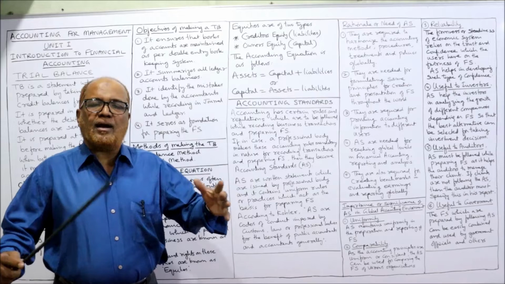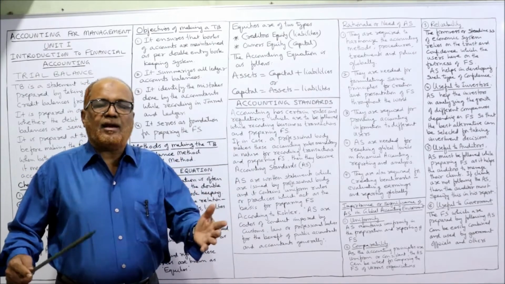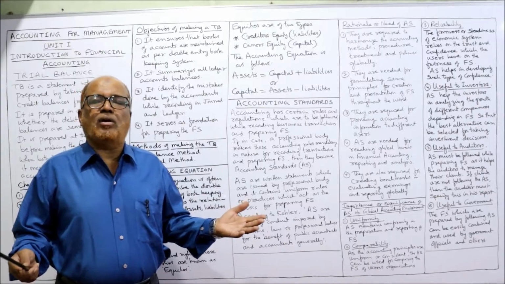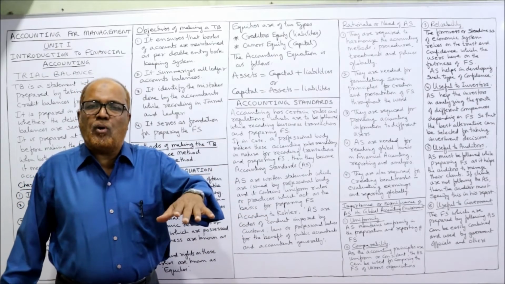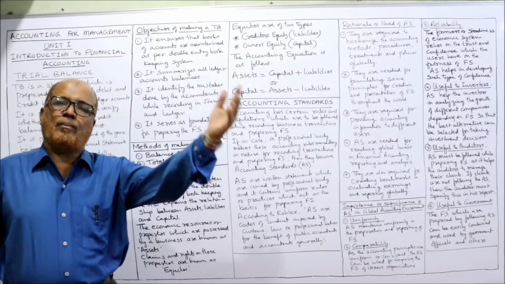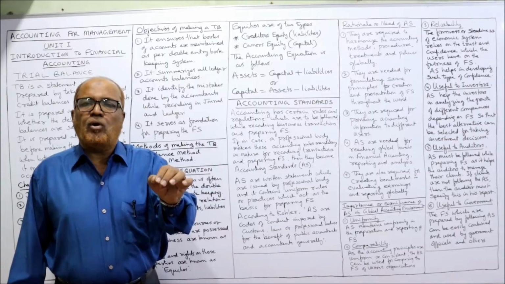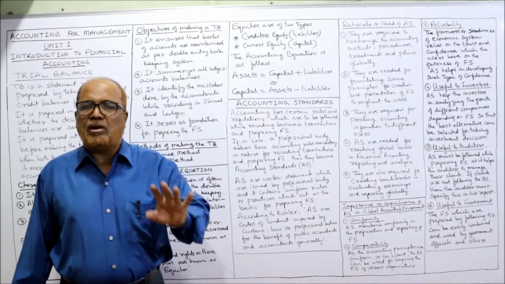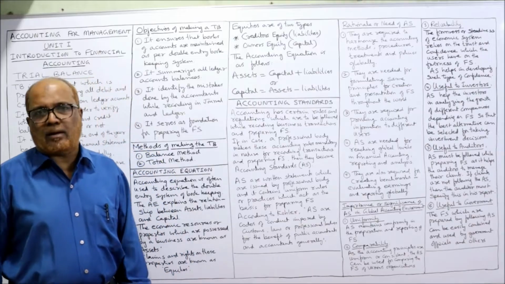Public accountant means the accountant who serves the public, and general accountant, the accountant who serves every organization. So these codes of conduct, imposed either by custom or by law or by professional bodies, must be followed by public accountants or general accountants. These are called accounting standards according to Kohler.